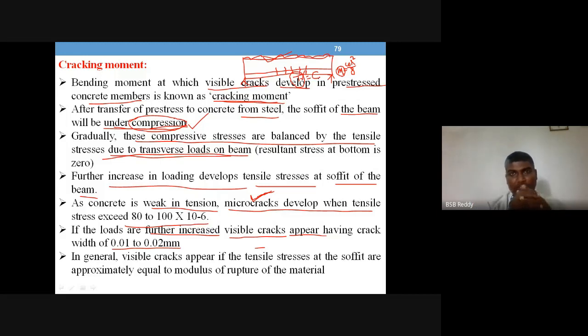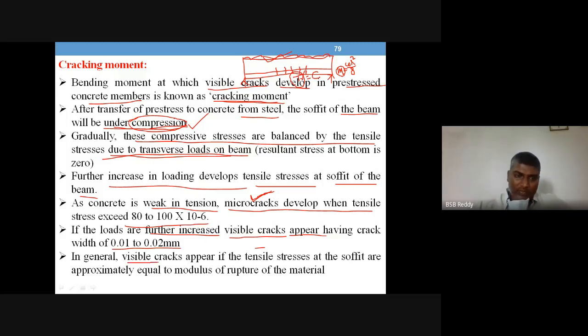So that is the visible crack range. If you are able to see a crack in a concrete member, the crack width should be minimum 0.01 to 0.02 mm. Beyond that, the crack width is going to increase to 5 mm, 10 mm, something like that.